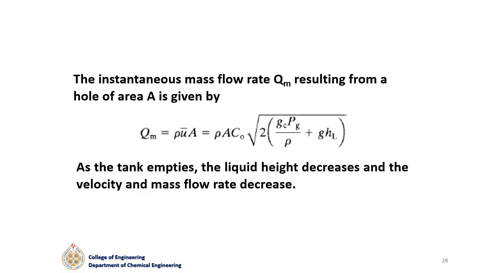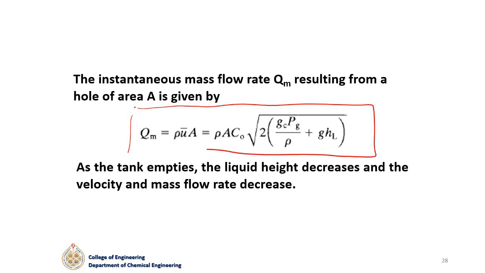There is a way to prove this. And the instantaneous flow rate that I will get, I'm very happy I got the instantaneous flow rate. But come on, Qm changes with time.